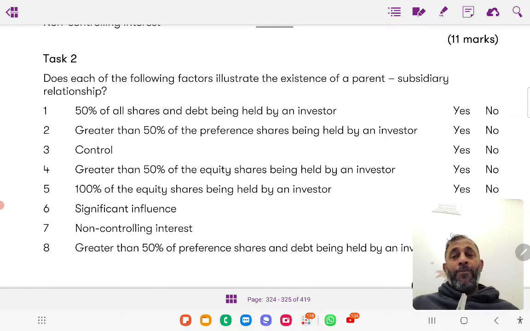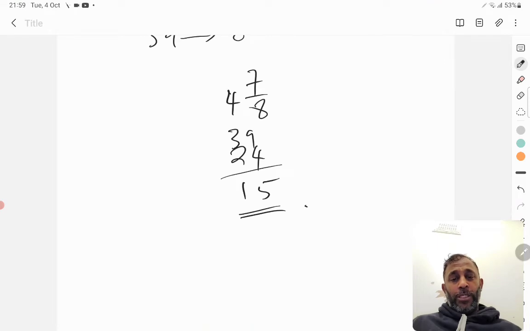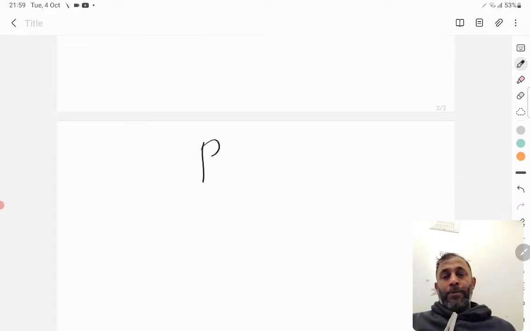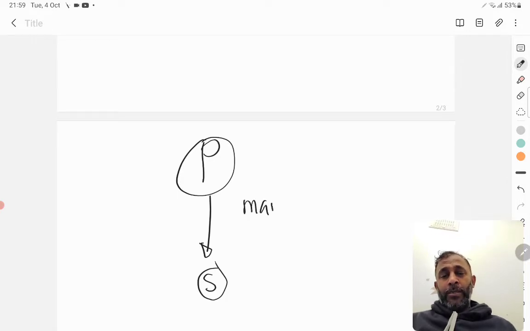When the parent has the majority of the voting rights of a subsidiary, then that company is said to have the control, and becomes the parent. If I draw this down, you have a parent P company and then you have S company. When P company has the majority of voting rights.